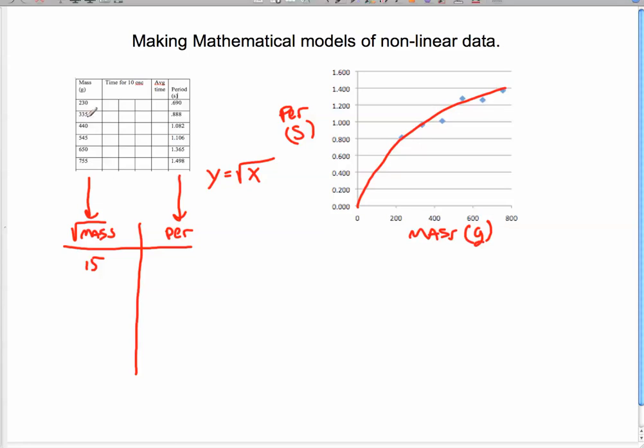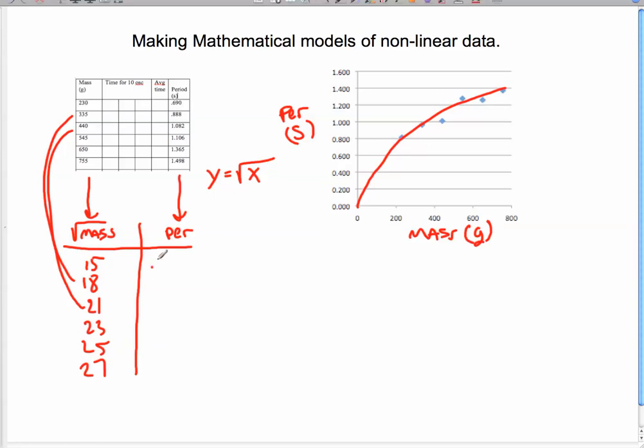Take the square root of 335 and I'm going to get 18. You can take your calculator out, pause the video and try this. I'm going to take 440, take the square root of that, get 21, and I get 23 for 545, 25 for 650, and 27 for 775.